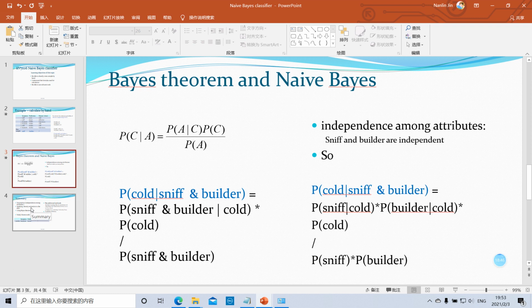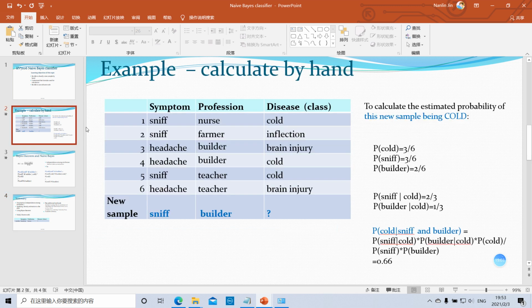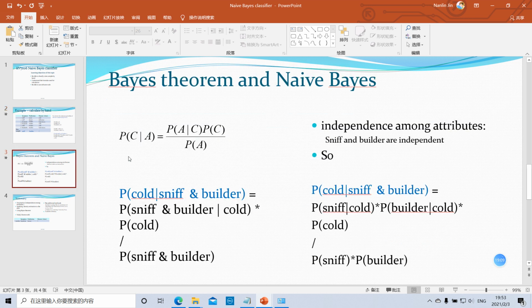Okay, so now we are going to summarize. So this is the theorem, okay? We practice this theorem given the assumption of independence. In summary, the most important thing is that we understand the independence of the variables. If these variables are not independent, we shouldn't use this formula at all.